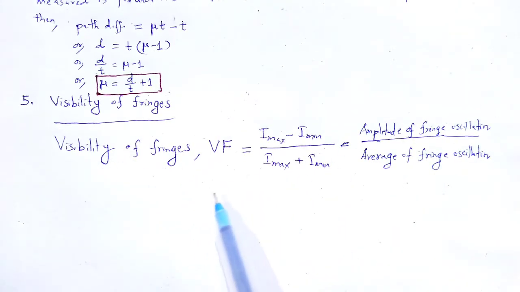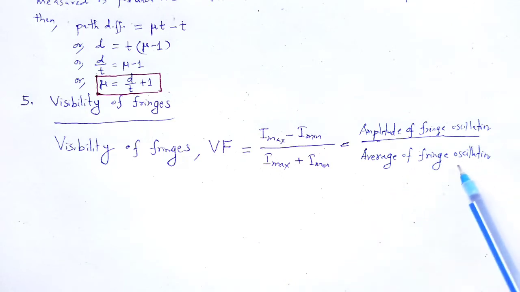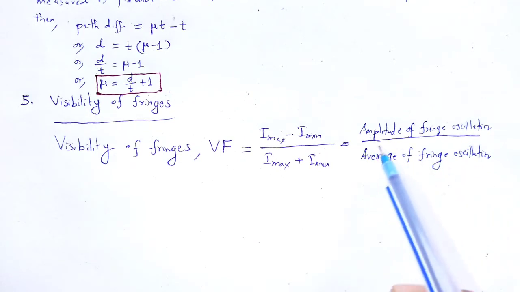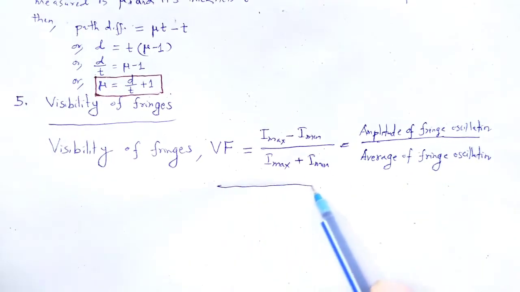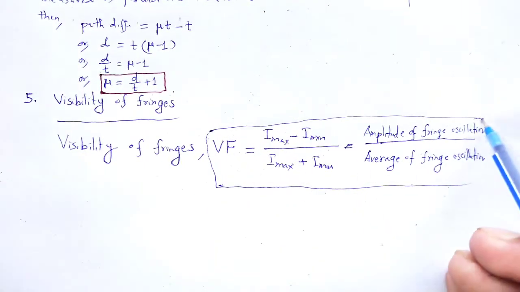So visibility of fringes is defined as I max minus I min divided by I max plus I min, or we can say the amplitude of fringe oscillation to the average of fringe oscillation. Mathematically we denote the visibility of fringes.